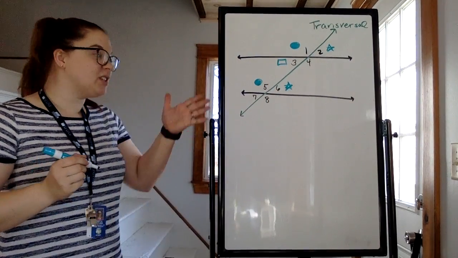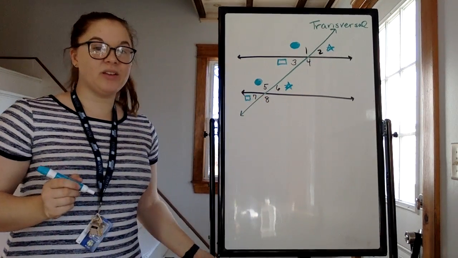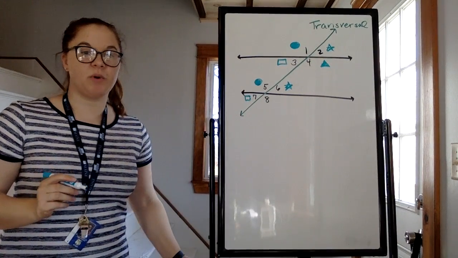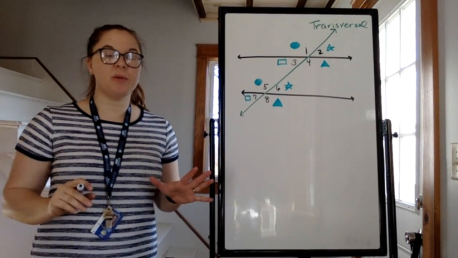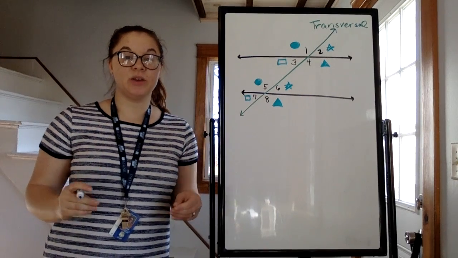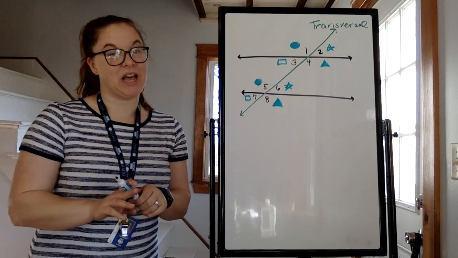That would correspond with this lower left-hand corner, number 7. And we can do that with angle number 4, our lower right-hand corner. That's going to correspond with this lower right-hand corner, angle number 8. So it's important to remember that corresponding angles are congruent when your transversal is going through parallel lines.